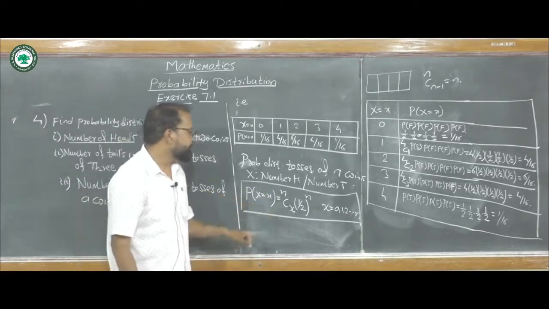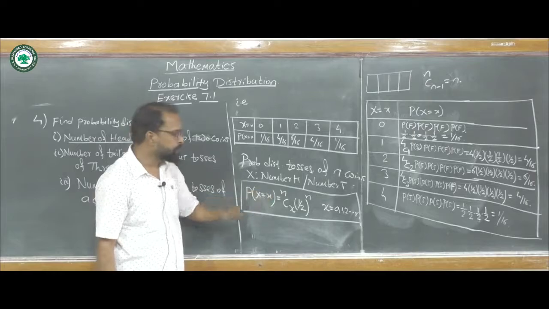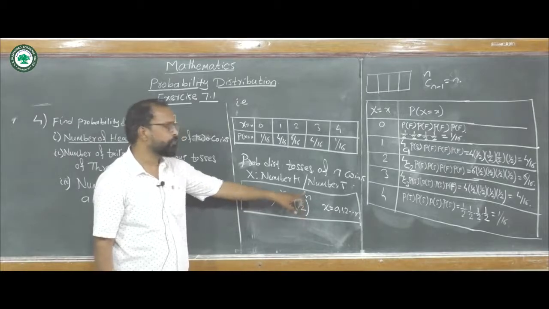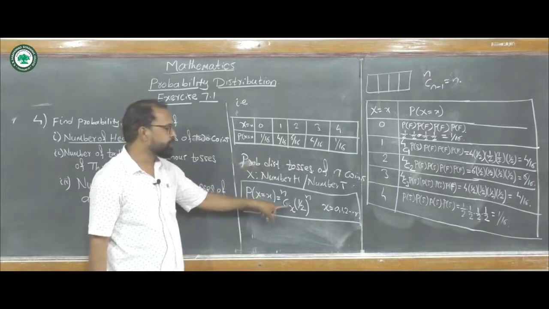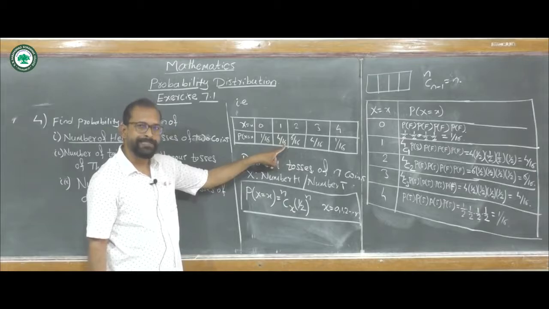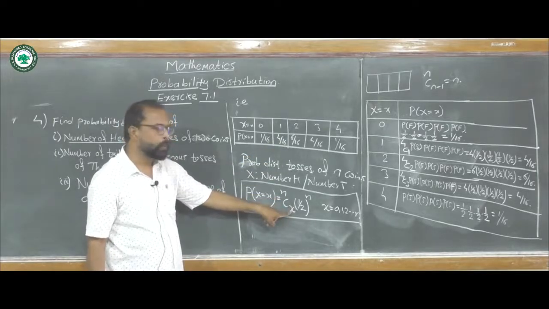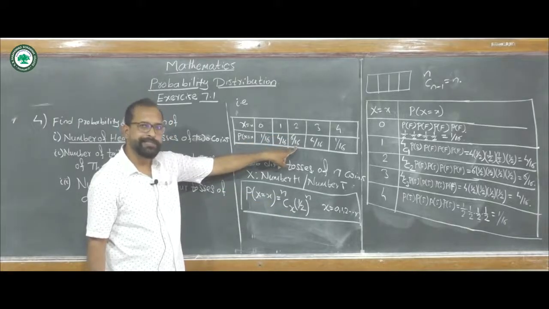Observe first, here n equals 4, because we toss 4 coins. So 4C0 means 1, 1/2 raised to 4, 1 upon 16. Then if we put n equals 4 and x equals 1, we get 4 upon 16. If we put n equals 4, x equals 2, we get 6 upon 16.